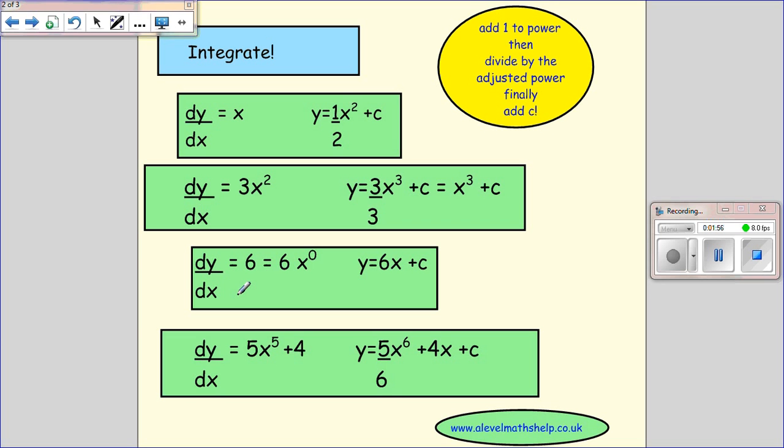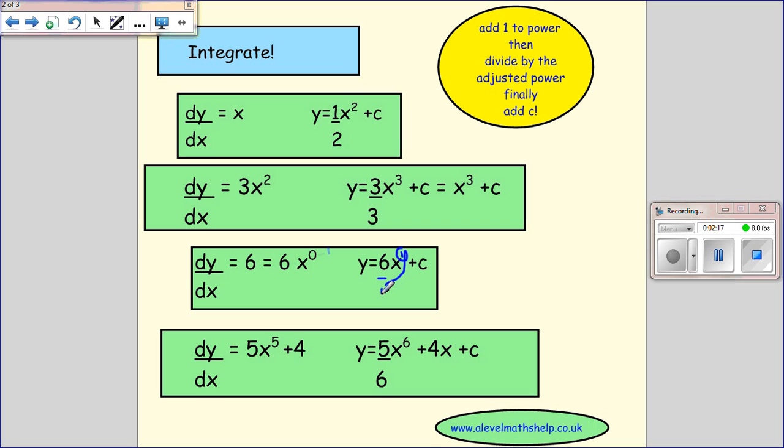If we have dy by dx equals 6, a constant, just a number on its own, we can think of it as 6 times x to the power of 0, because anything to the power of 0 is 1. So when we add 1 to our power, 0 plus 1 is the same as 1, and then we divide by this 1.